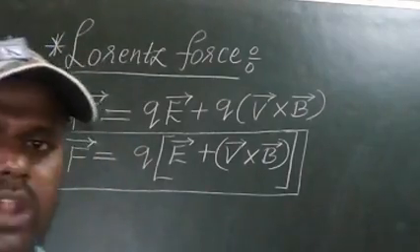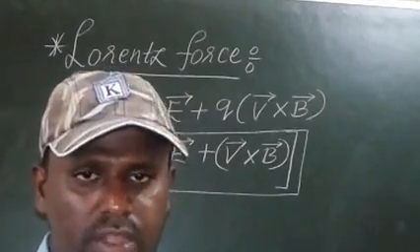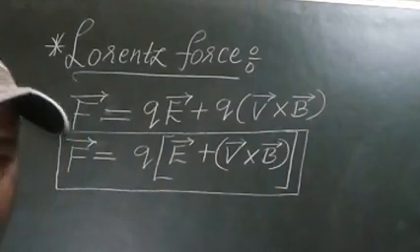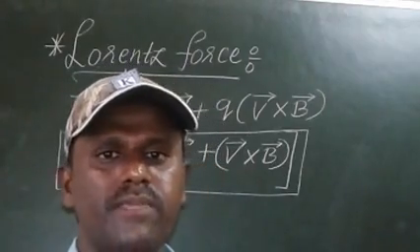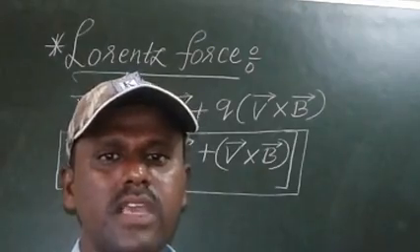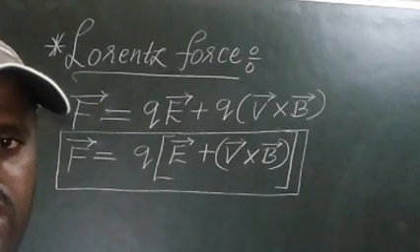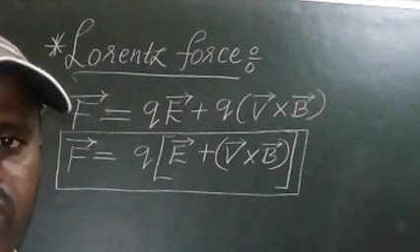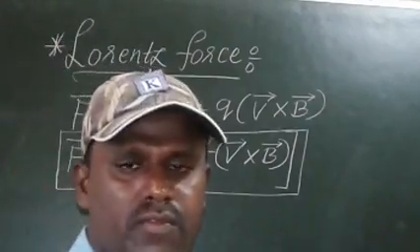So we call that force magnetic force and that field magnetic field. Thus the space around a current carrying conductor where a magnetic needle or a compass needle shows deflection or experiences a force is called a magnetic field.